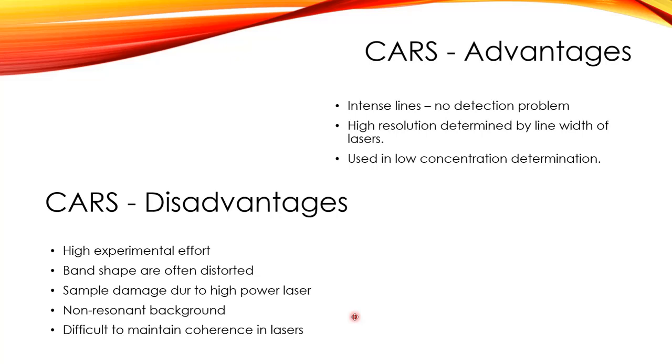CARS is an important tool for molecular structure studies and analytical chemistry. It is a useful technique for the study of biological samples in aqueous solution, which often produce strong fluorescence in normal Raman scattering. And we have a lot of applications in CARS of rotational spectra of gases.